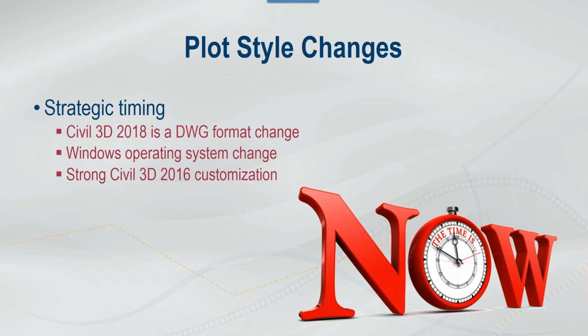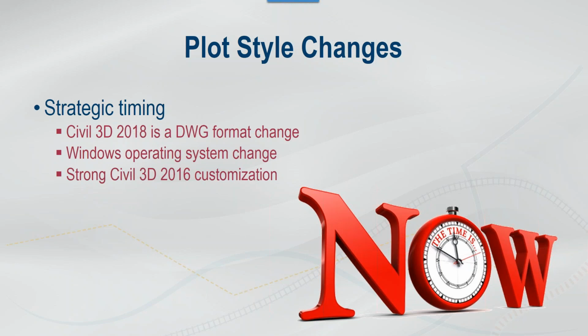First, Civil 3D 2018 is a DWG format change. Many will see that DWG format change as enough reason not to migrate their project data. So aligning this change in plotting with the Civil 3D 2018 implementation helps reduce the impact to users. Second, we are at the beginning of a Windows operating system change, Windows 10.